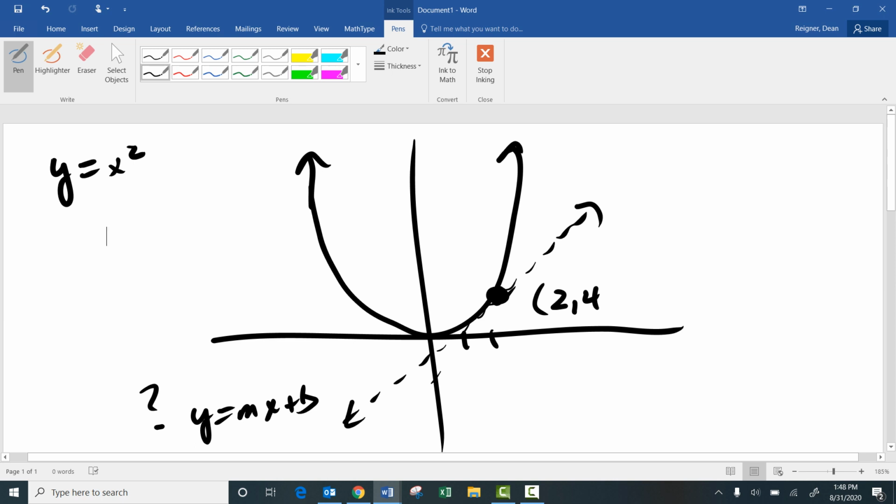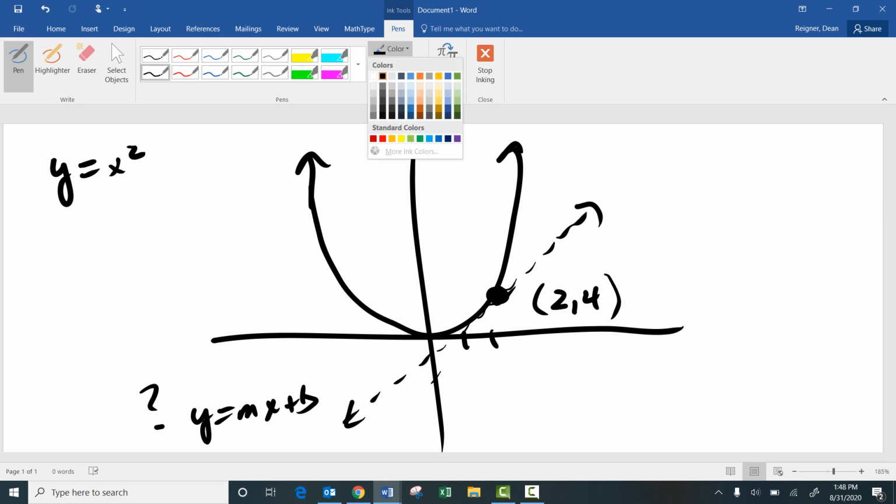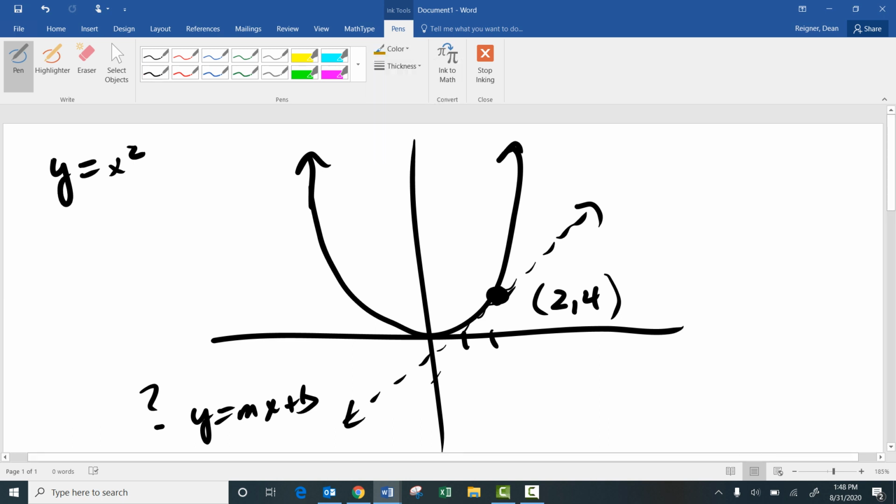So we want the best approximation of the slope of this line, but we only have one point. The way we're going to get the next point is we're going to choose a point as close as we possibly can on that curve. The next point would be really, really close to this other point, as close as possible to 2, 4.